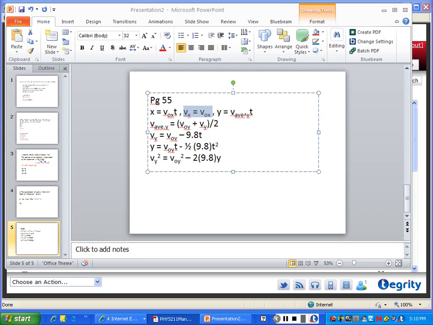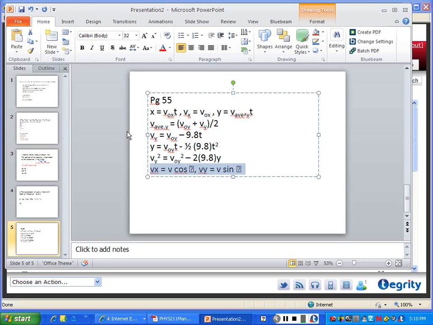Page 52, there was a problem example given which showed VOY and VOX. Okay.